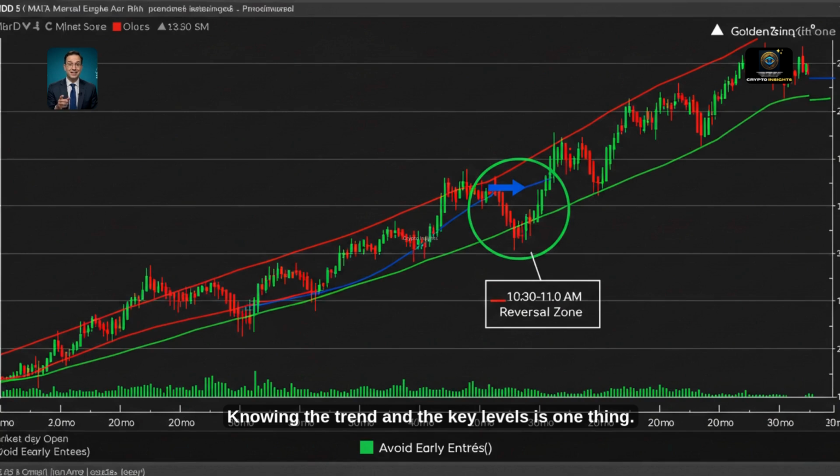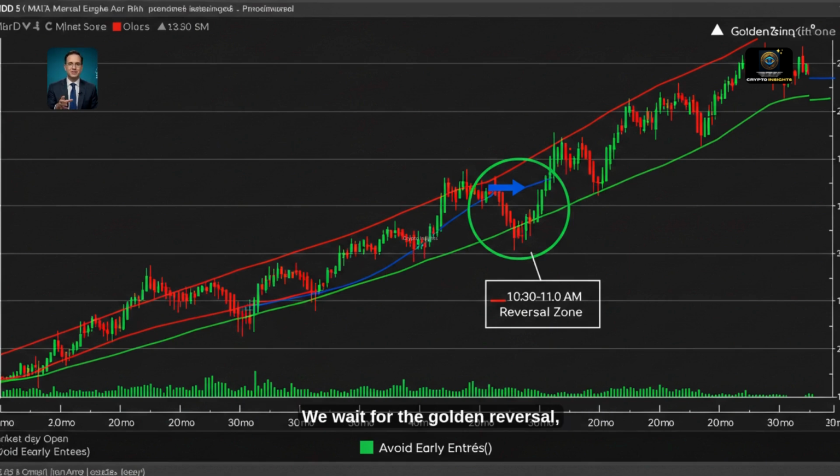Knowing the trend and the key levels is one thing, timing your entry is another. Let me share a strategic time frame that significantly improves reversal entries. Let's return to AMD on an intraday pullback. The stock is in a daily uptrend, has no bearish news, and is simply pulling back with the market.